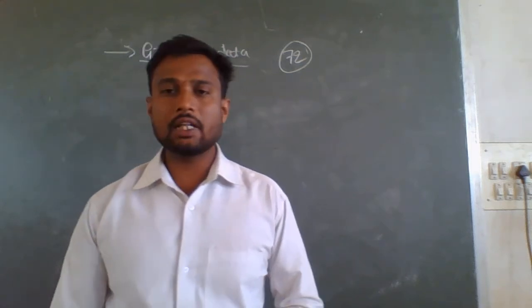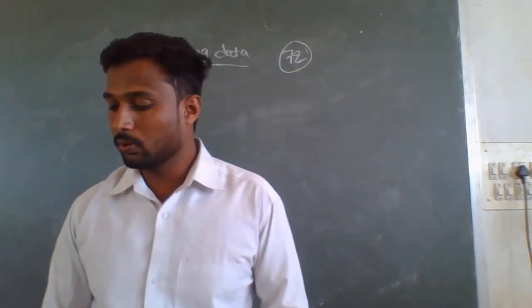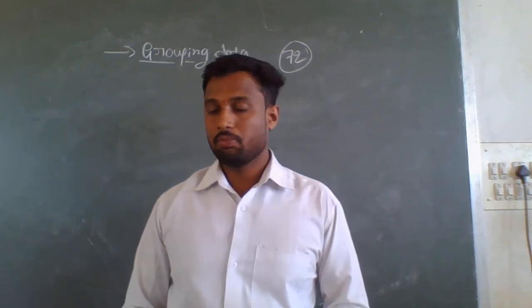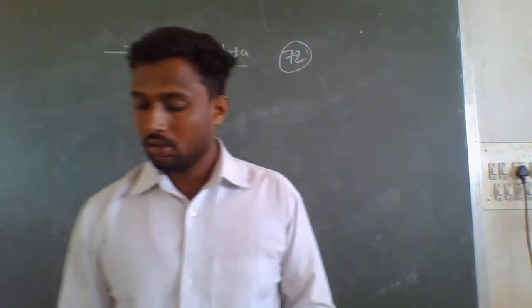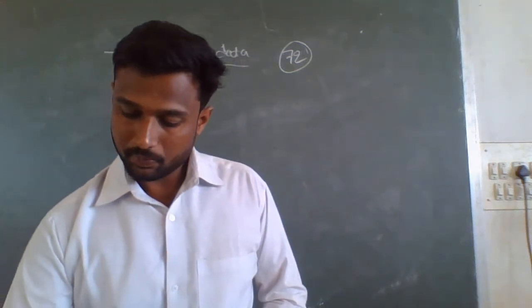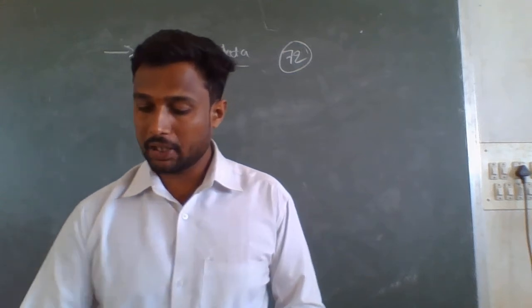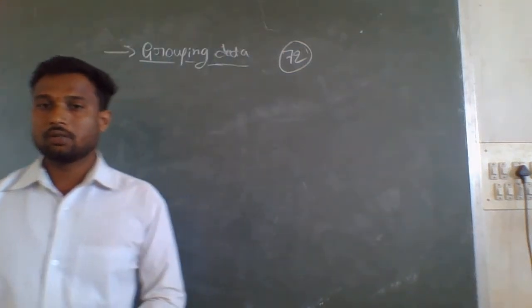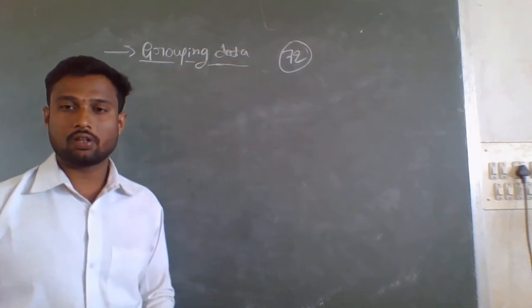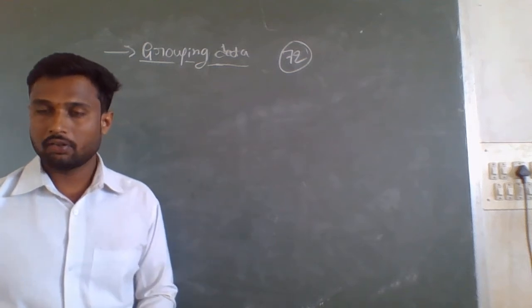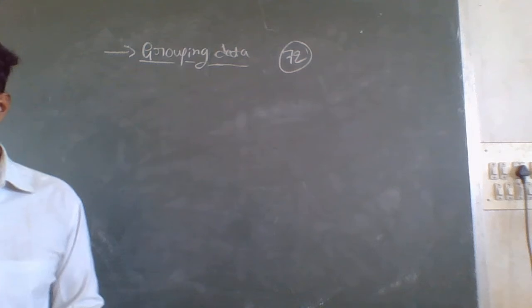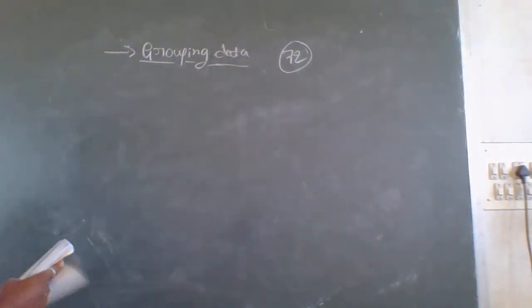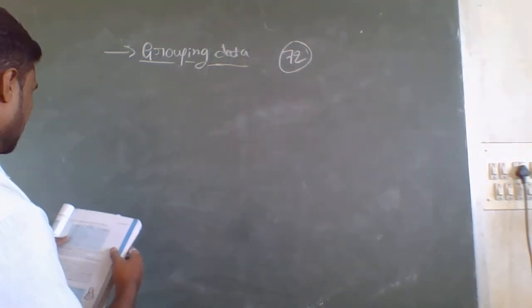So I will explain table 5.2 in page number 73. Before explaining that table, refer to the data given in page number 72: marks of 60 students of class 8 out of 50 marks.